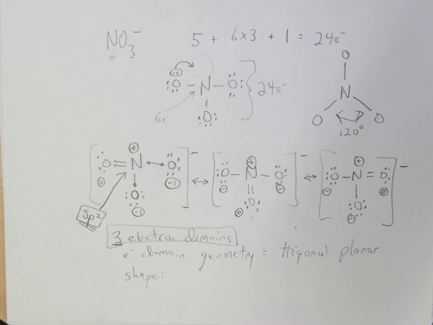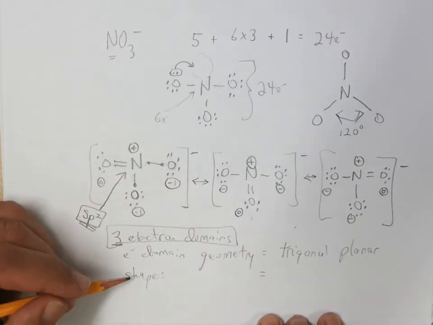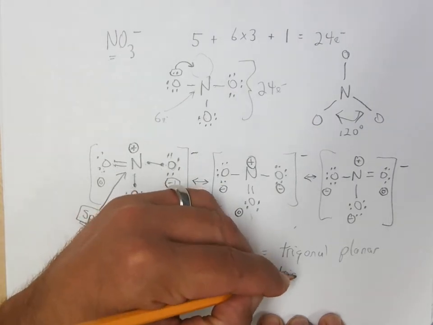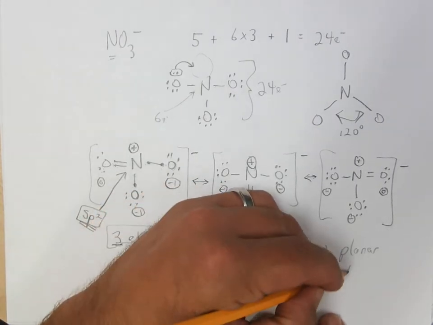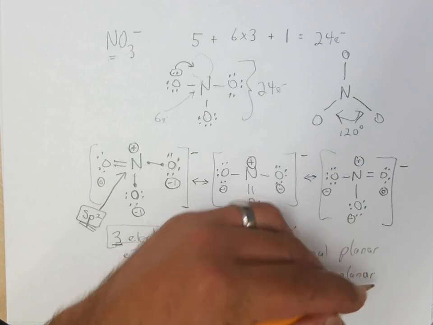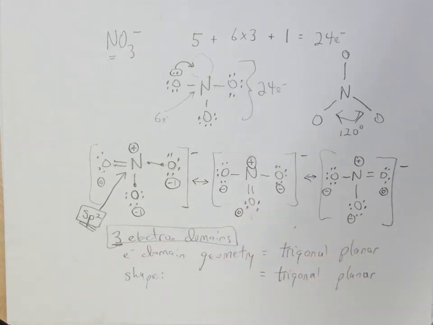None of our electron domains are lone pairs, which means the shape is going to be identical to the electron domain geometry. So if there's no lone pairs of electrons on the central atom, then the electron domain geometry is formed strictly from atoms. So the arrangement of atoms is the electron domain geometry. The shape is the electron domain geometry.